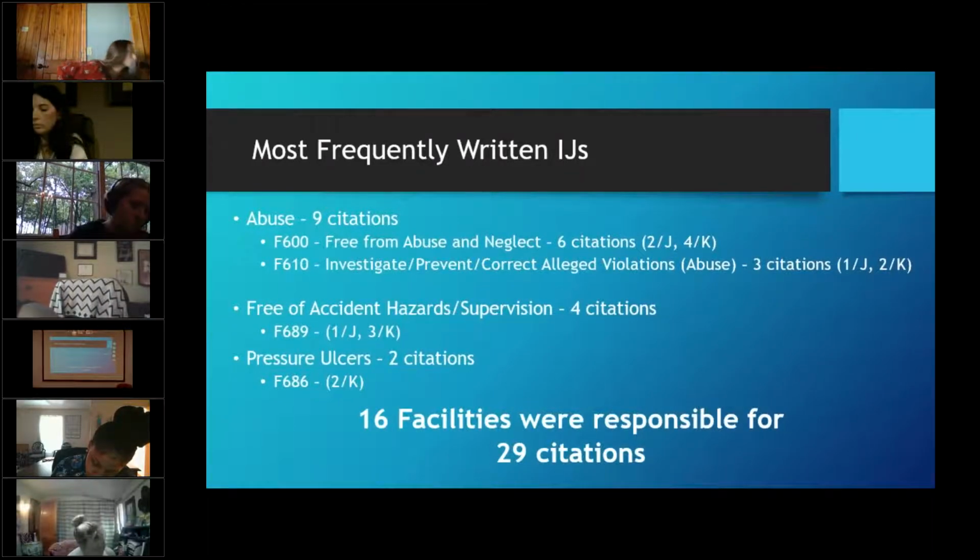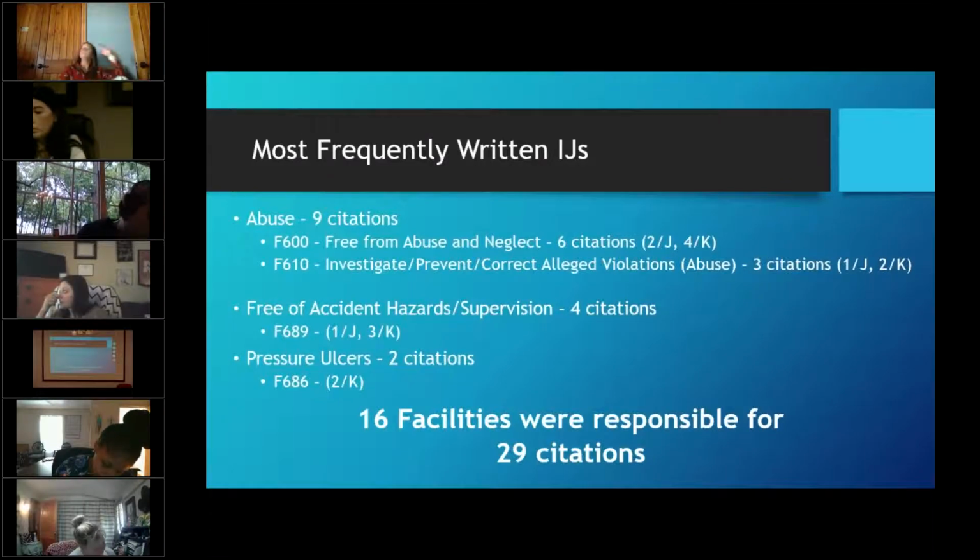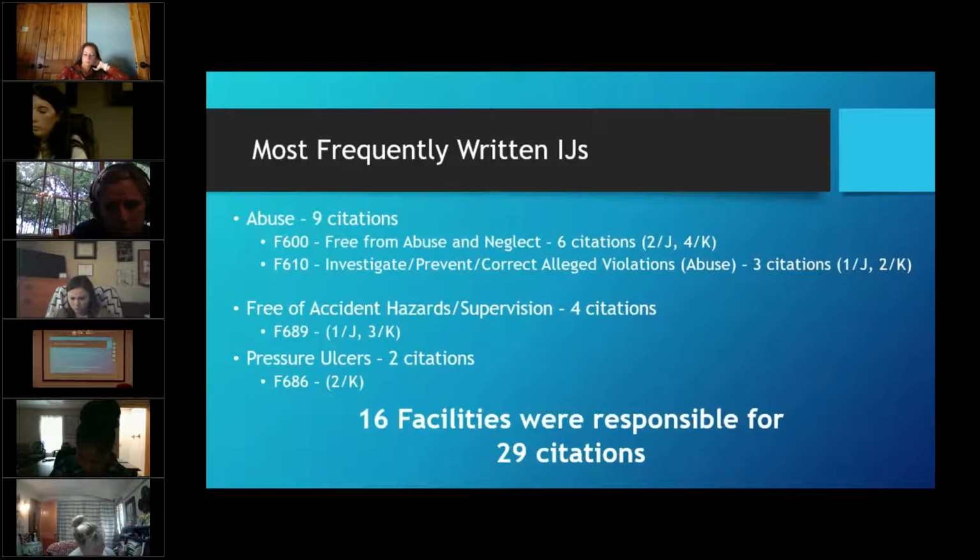It was alleged that Joe Blow abused this person. This gives tracking for next time when somebody alleges Joe Blow did something. We can actually track this person and how often their name comes up, because some of these Joe Blows can move from facility to facility, getting by with just enough to not get caught.